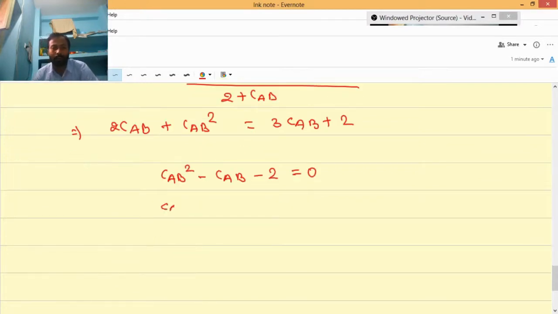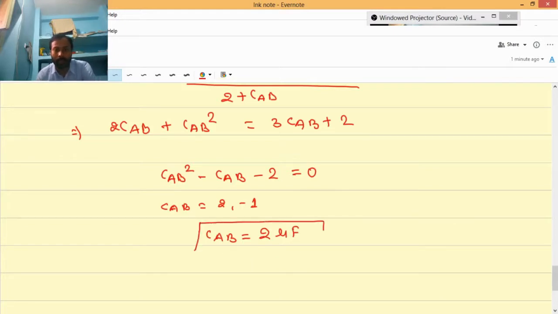You can take the help of a calculator or solve it manually as well. The answers will be 2 and minus 2, but we have to take only the positive value. So this C equivalent will be 2 microfarad, because all the terms are in microfarad. So the answer is 2 microfarad, and this is the answer for problem 28.